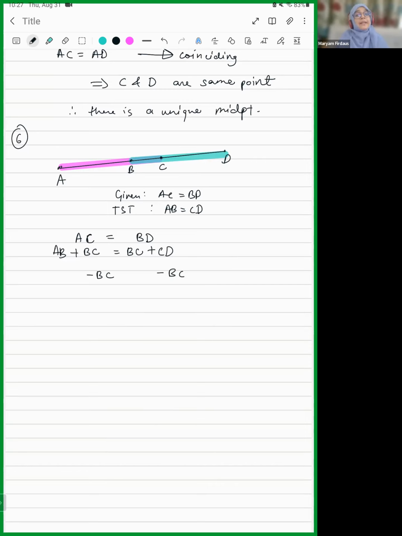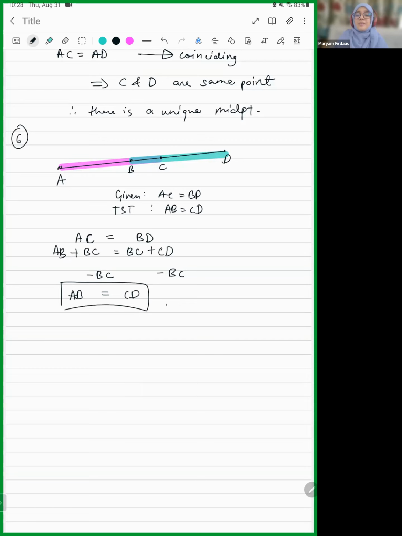Equals are subtracted from equals, then the remainders are equal. All right. Over here, what is the remainder? AB equals CD. So you have removed BC and BC. So AB equals CD. Hence proved.